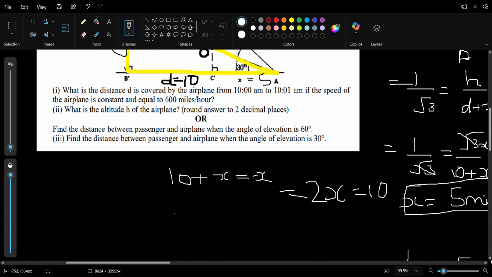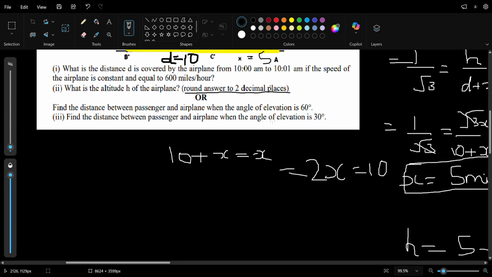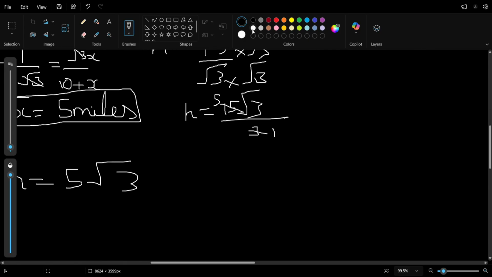But look at the question though. The question says round the h value to 2 decimal places. If they don't give the value of root 3, you can use your own value. So you can say root 3 is equal to 1.73.